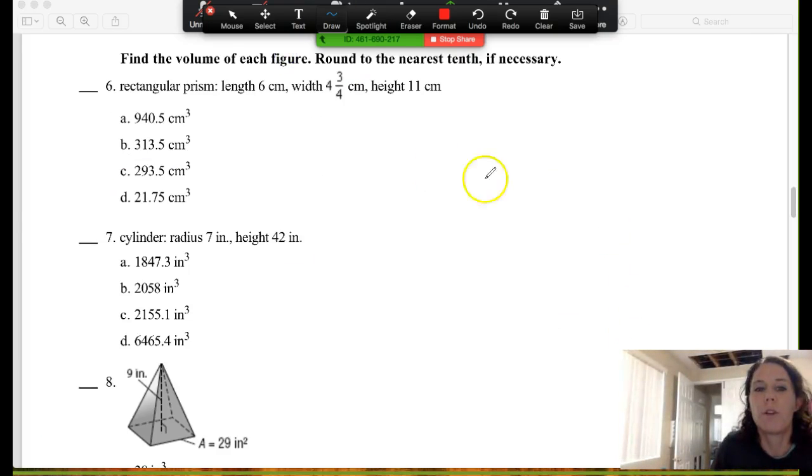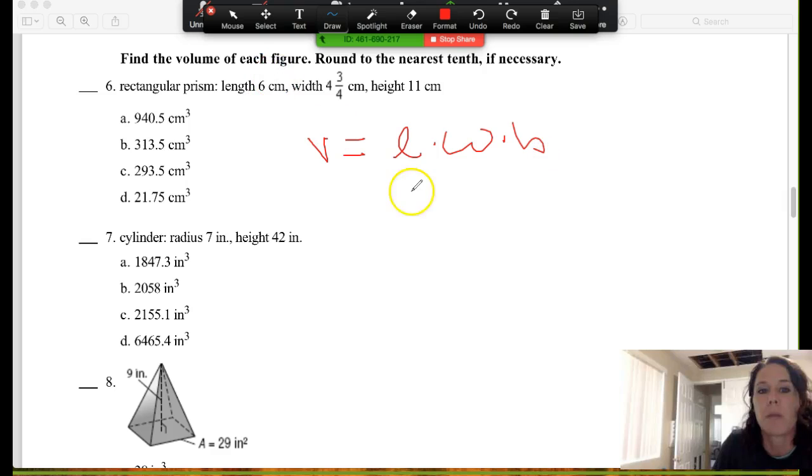Okay, find the volume of the rectangular prism. So once again, like what I just drew, but I'm an awful drawer. So let's know that volume of a prism is length times width times height. So we have 6 times 4, and then 3/4. If you want to divide 3 by 4 on a calculator, you'll know it's 4.75 times height, which is 11.